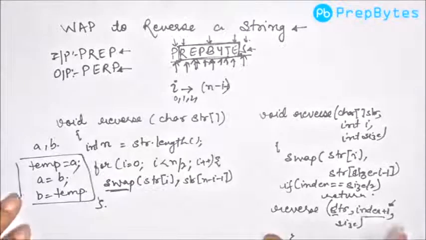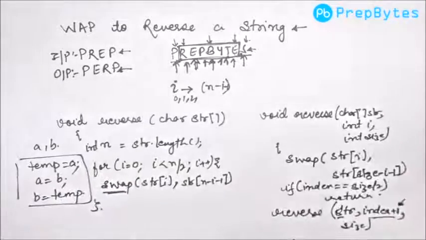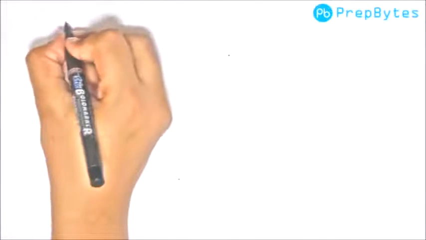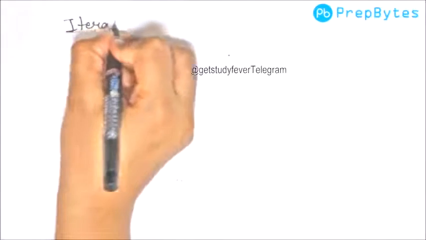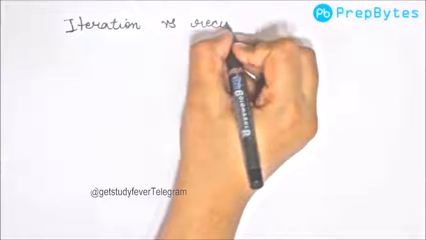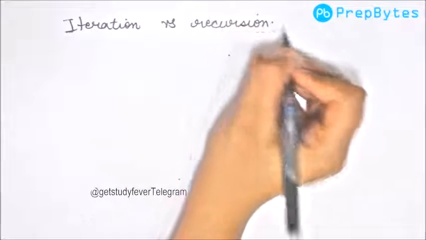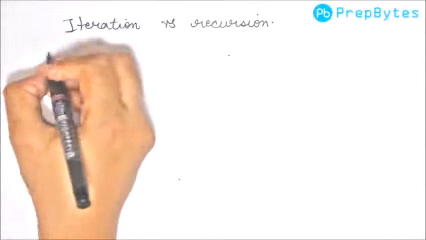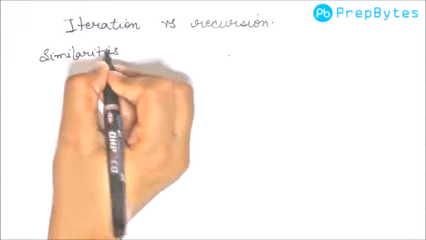So let's see that when we have a choice of doing recursion and iteration, what are the advantages of one over the other, as well as disadvantages, and what are the similarities between the two. So let's discuss iteration versus recursion. Talking about the similarities, we know that both have to be terminated.